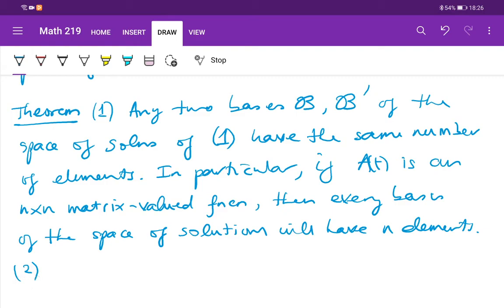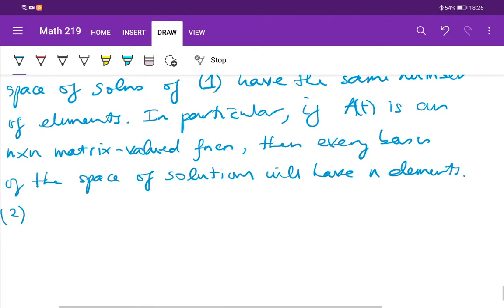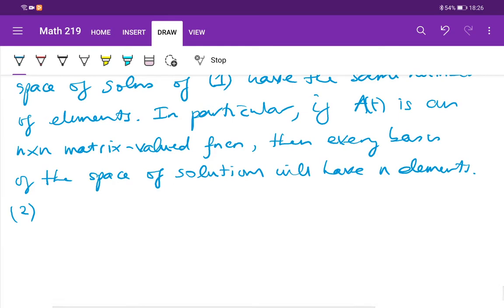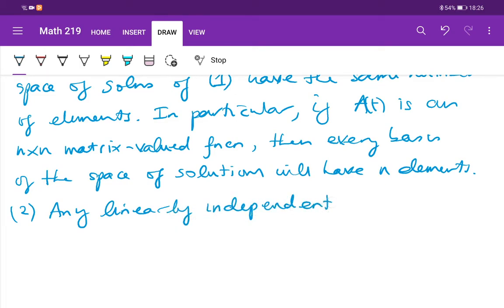The second fact is that any linearly independent set containing n solutions is a basis. So to find a basis, it's sufficient to find a set of n linearly independent solutions.